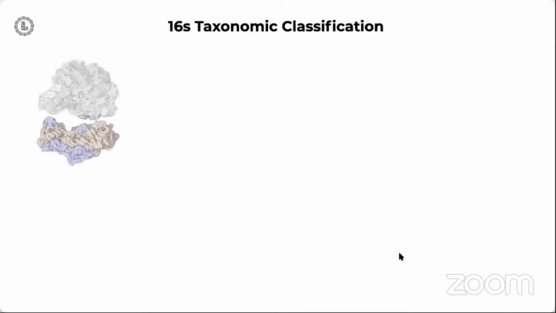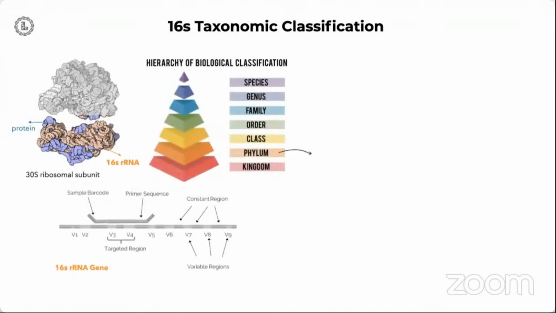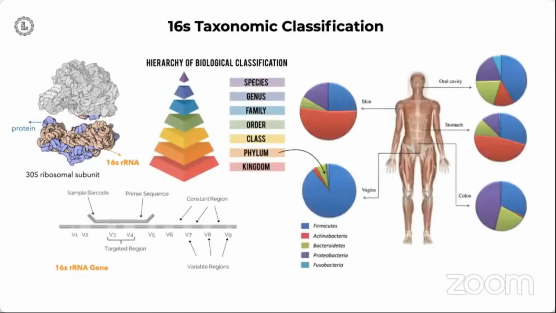So, for example, based on mapping of these specific regions that are amplified from, let's say, the 16S rRNA gene in the bacterial ribosome, these OTUs or ASVs can be assigned to particular taxonomical classes of bacteria, and this will help us, for example, calculate the abundance of each of those bacterial families or phyla in the community.